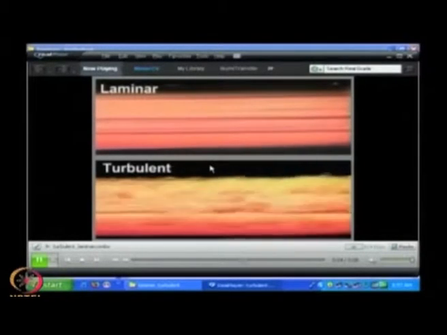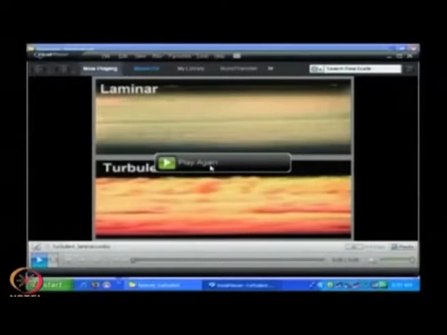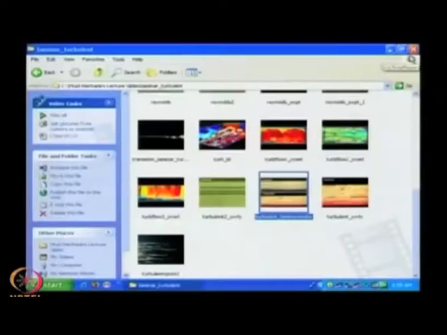The turbulent flow itself looks like a flow which has a lot of randomness with respect to time and also a lack of order with respect to space, and that is one of the hallmarks of a turbulent flow.